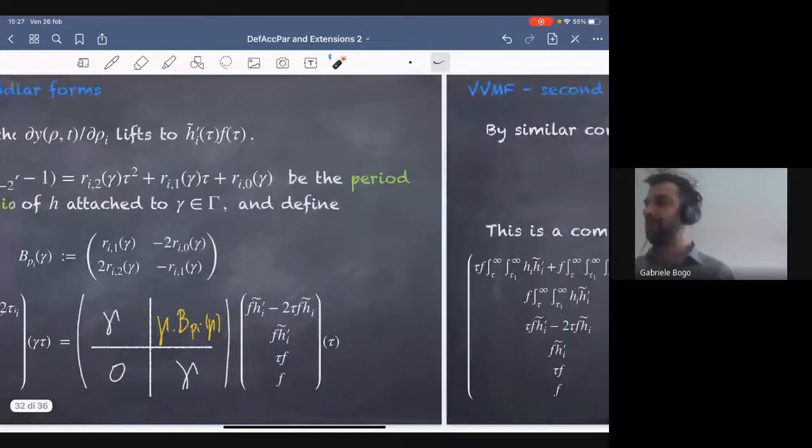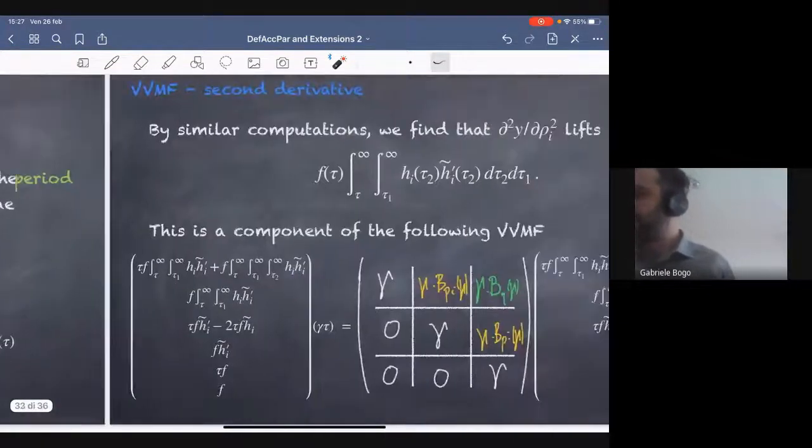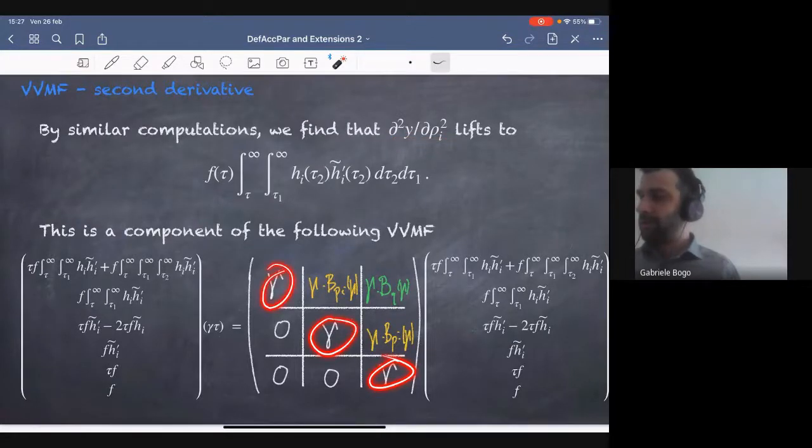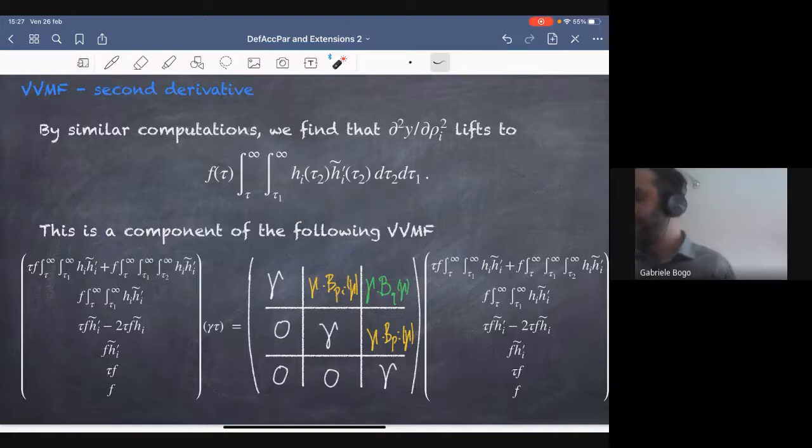Similarly, you can do it in every case. I wrote here another example. When you consider the second derivative, then you will have a first extension and a second one. And again, you take the period polynomial of the cusp form h, and you construct the first extension, the one that I showed before. Now you have to construct another one, and this is still made by block matrices.